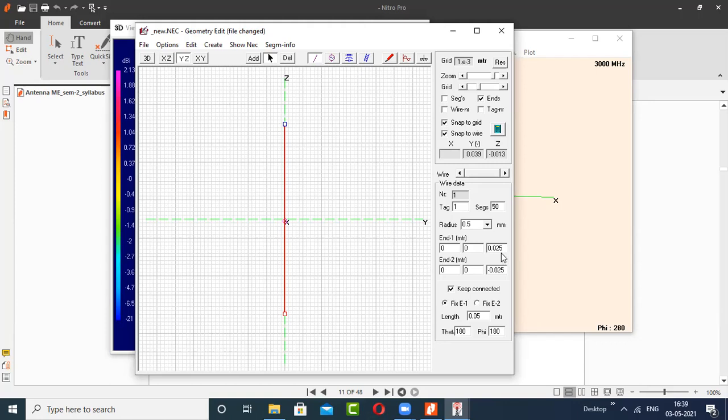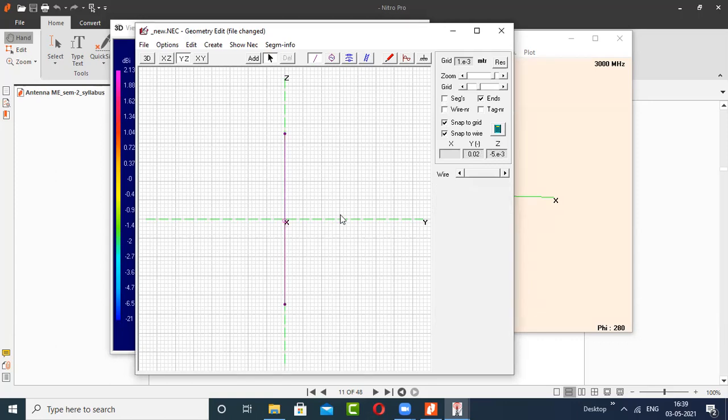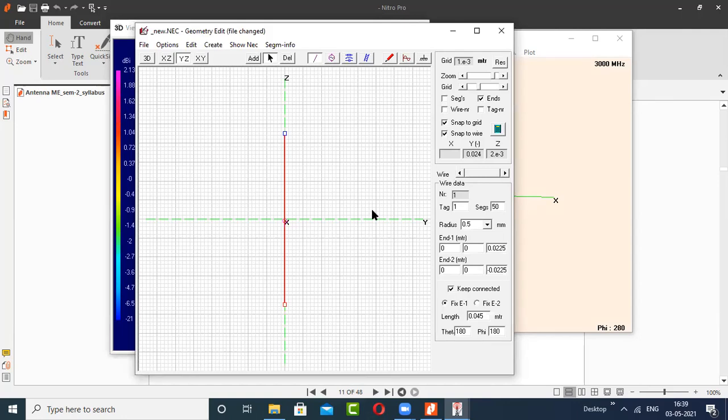Okay, so I will reduce 5 mm. Here I will make it 2.5, and here it is 2.5. So 5 mm, the antenna size that got reduced.